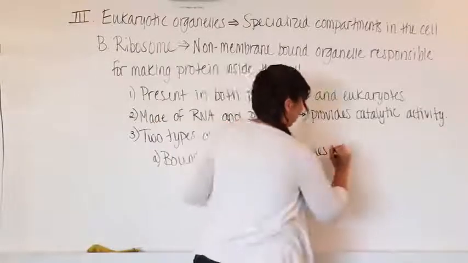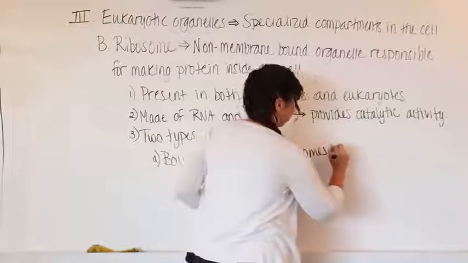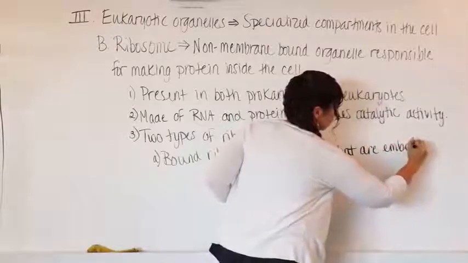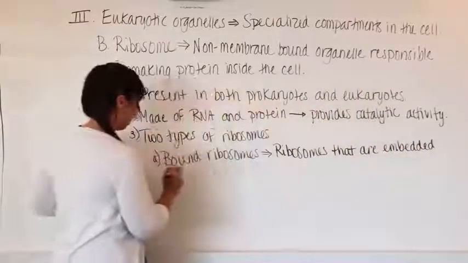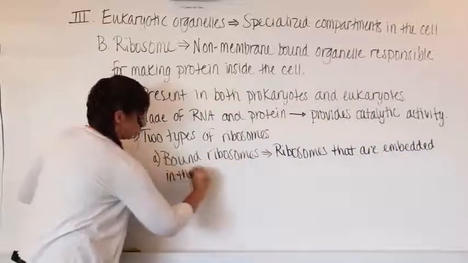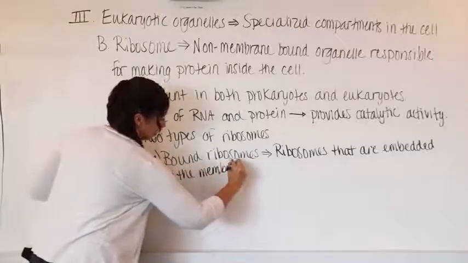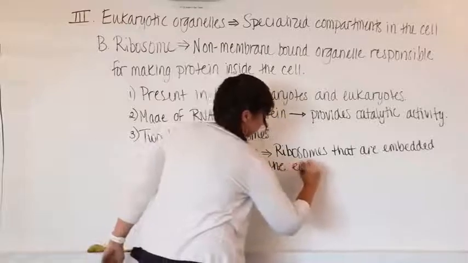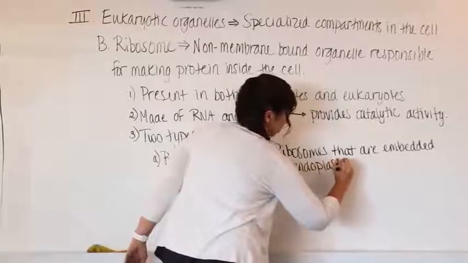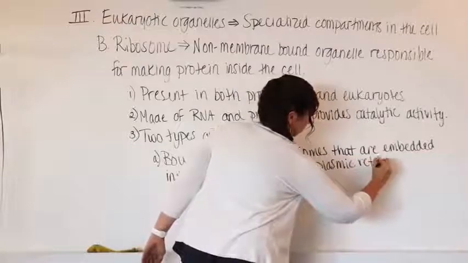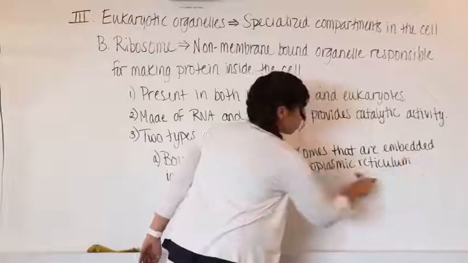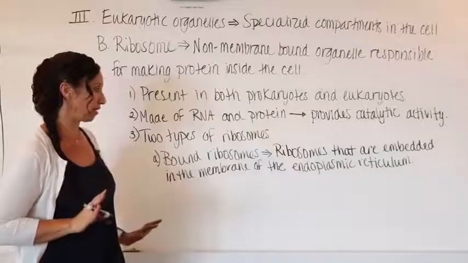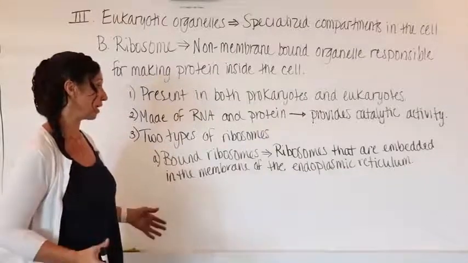So bound ribosomes are ribosomes that are embedded in the membrane of the endoplasmic reticulum. That's an organelle, we're going to get to that. So don't worry about not knowing what endoplasmic reticulum is yet, but it's a special organelle inside the cell.